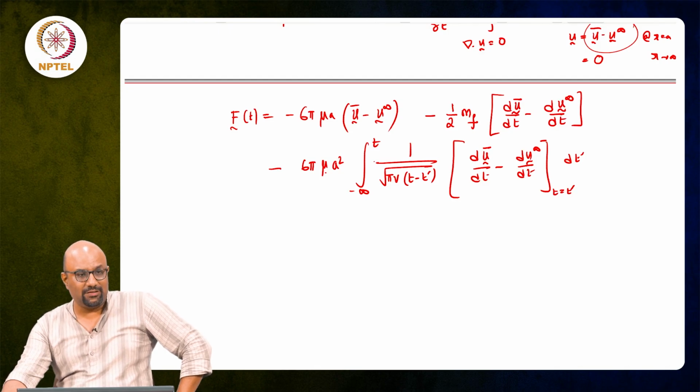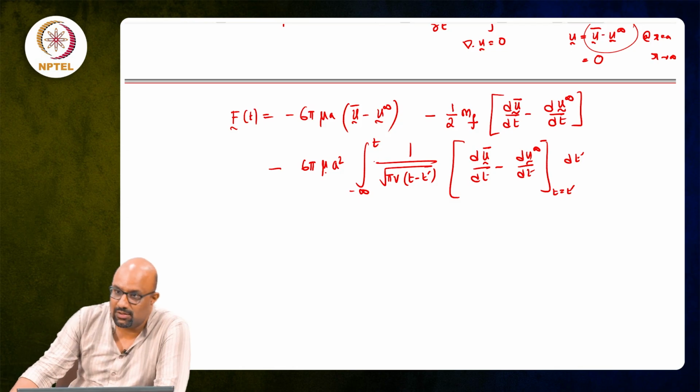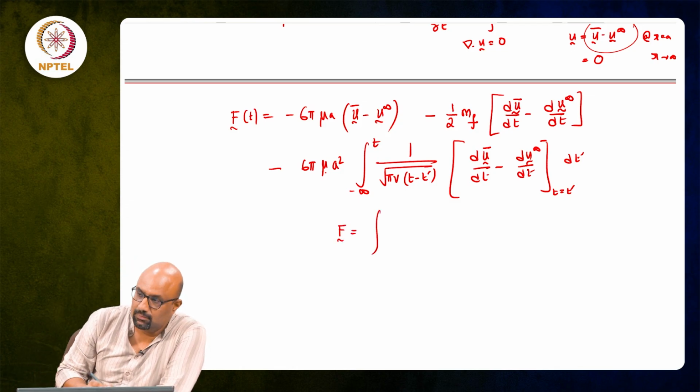Now, to answer if there is anything left, you have to go back to your fundamental definition of force. So, what is force acting on the particle? There is a non-ambiguous definition of force acting on a particle. What is it?